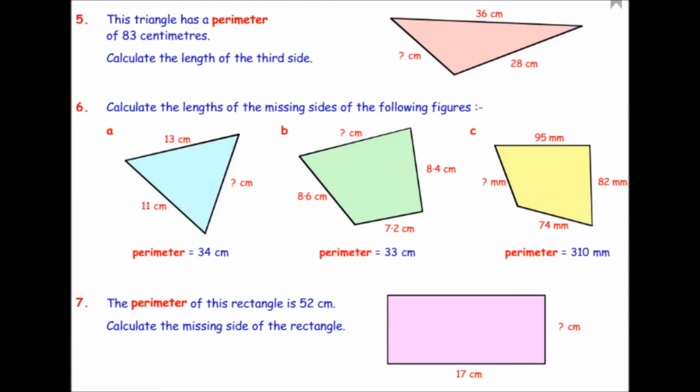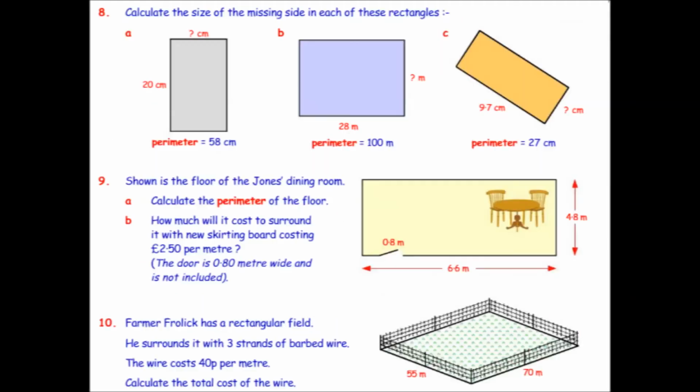So 2x equals 52, take away 34, and then you can find x using your algebra knowledge. Okay? In 8, it's exactly the same.